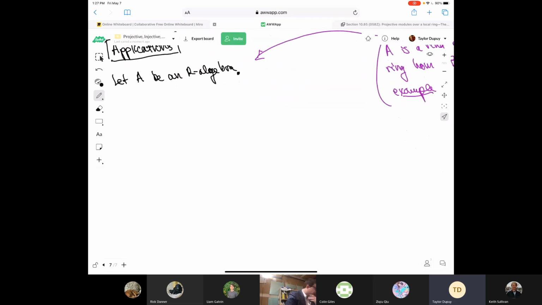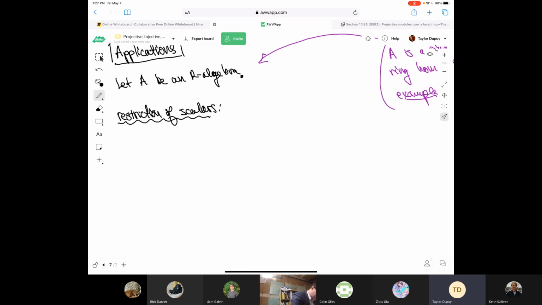Okay, so let A be an R algebra. There are two functors that we can do. The first functor is restriction of scalars.